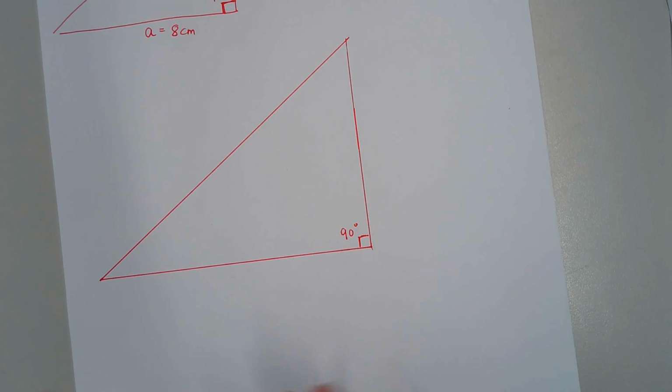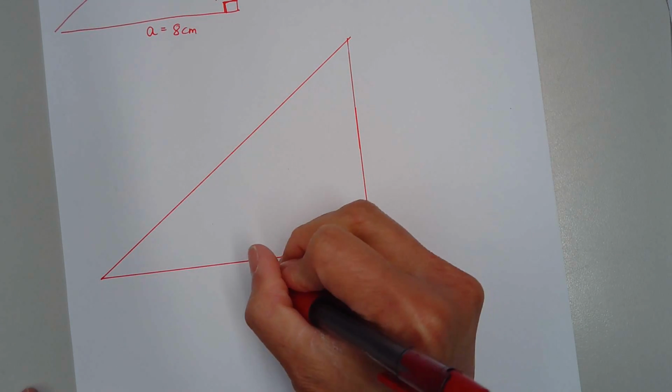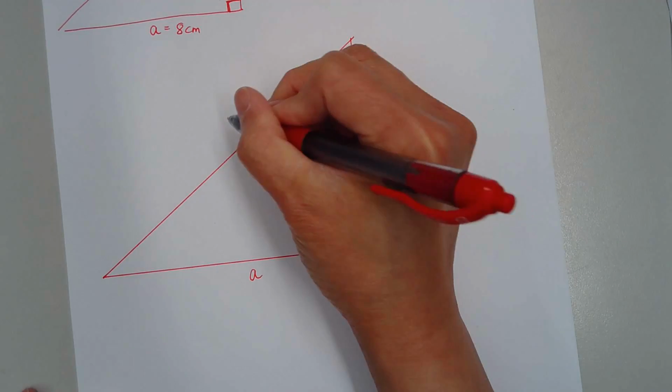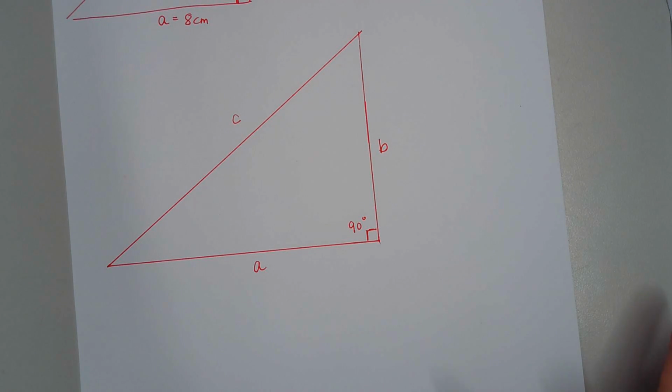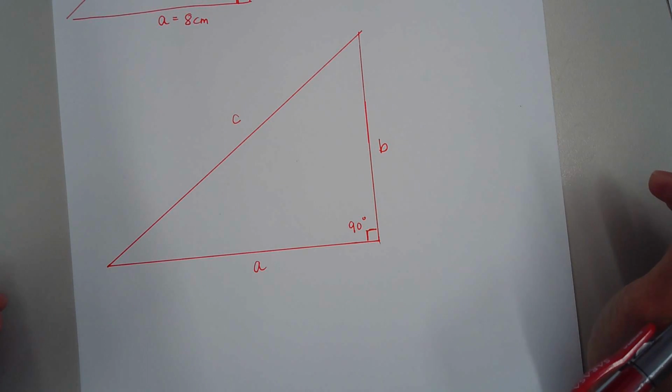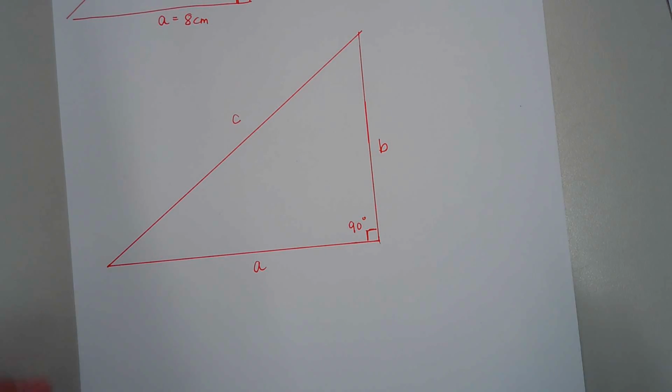Okay, so this is the 90-degree angle, right? And where is the longest side located? Right across from it. Everybody see that? So if this is my 90-degree angle, the longest side is always right across from the 90-degree angle. This is the 90-degree angle. This is going to be the longest side.